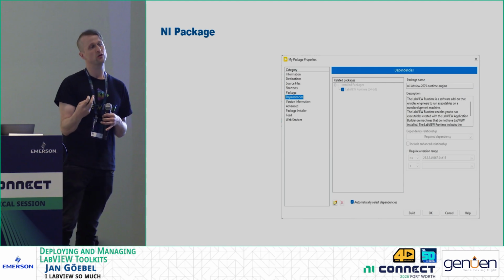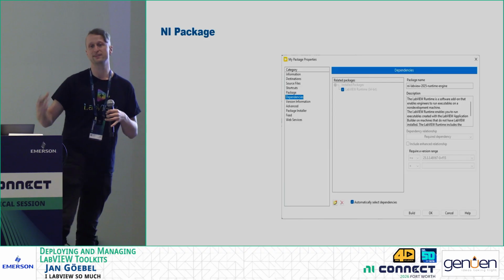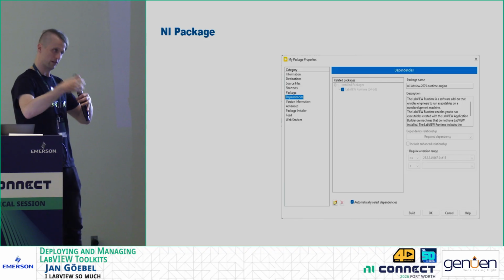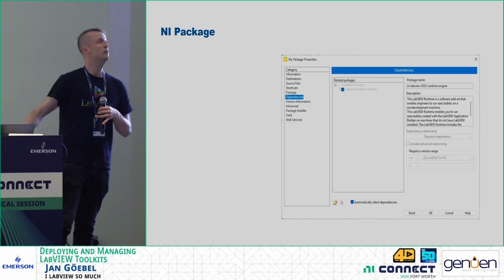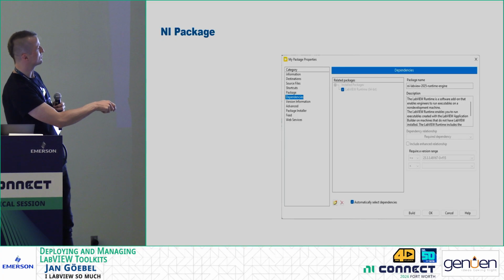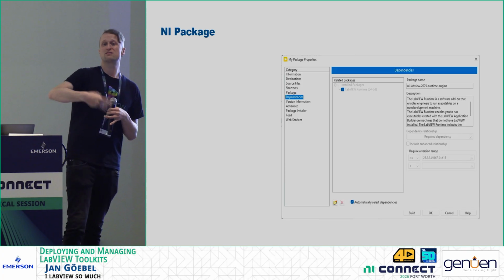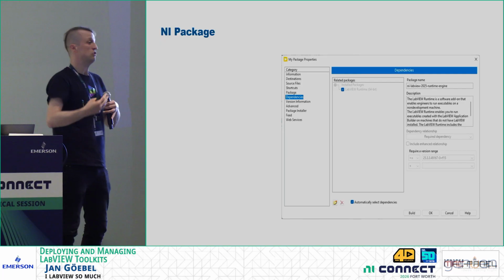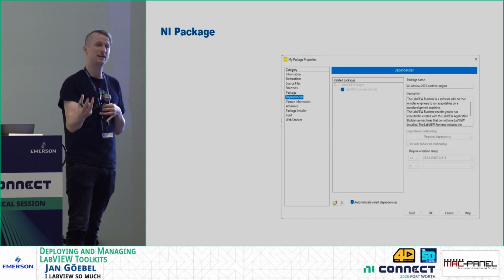With the LabVIEW installer, when you're including additional installers, you're statically including them. So basically the installer is going to get bigger and bigger, including the DAQmx installer, NI-SCOPE, and so on. With NI packages, you can refer to other packages in a specific version. So if the package might already be installed on the target system, it does not have to be included in my package. My package really only contains my code.